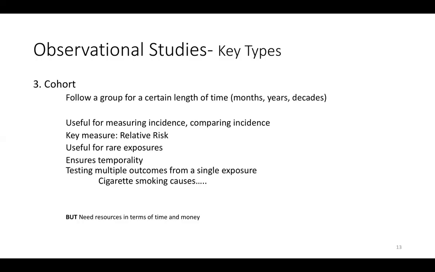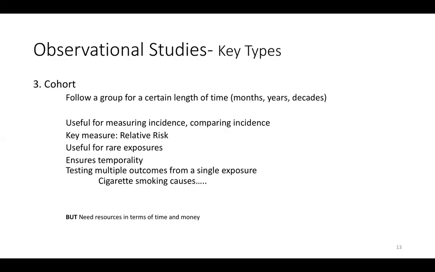For example, if in a population, very few women have been delivered at home themselves as a child when they were born, and we want to see if they in turn deliver their child at home, we can use the same variables for a cohort study. This ensures temporality, that is, the exposure precedes the outcome. And we can also test multiple outcomes from a single exposure.